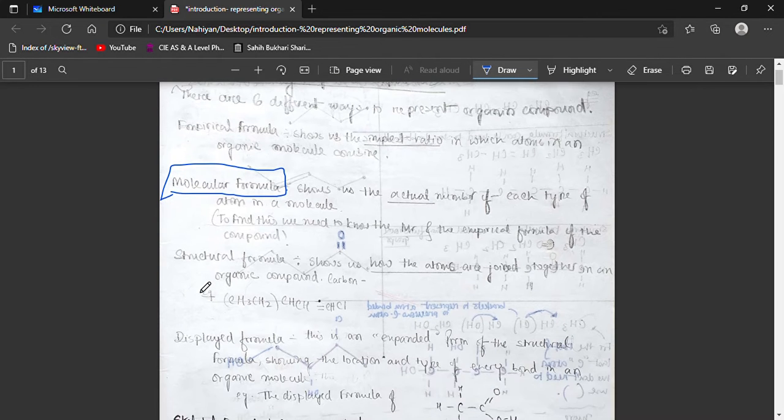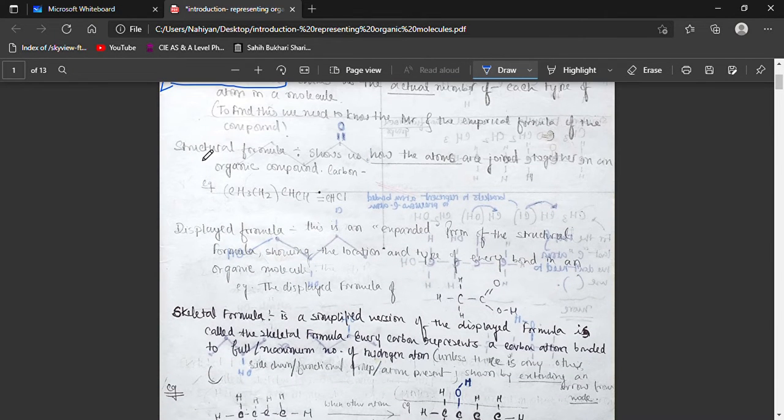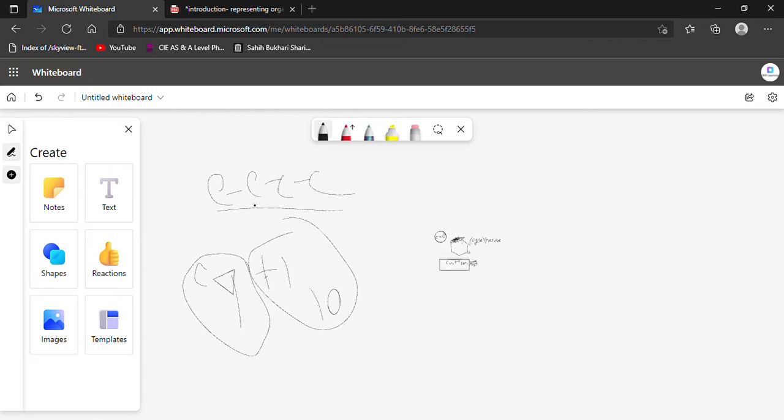Now talking about the structure and the bonding, we can talk about structural formula. We are more interested in how the atoms are joined with each other, how they are bonded to each other. For the same molecule, if I am to write the structural formula, it focuses more on the structure, more on the bondings.